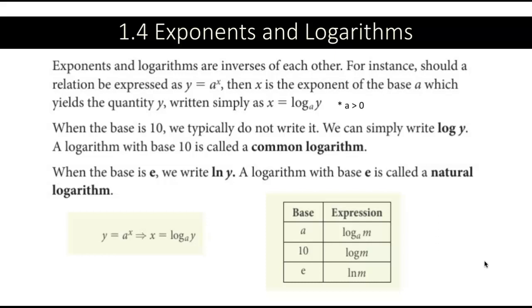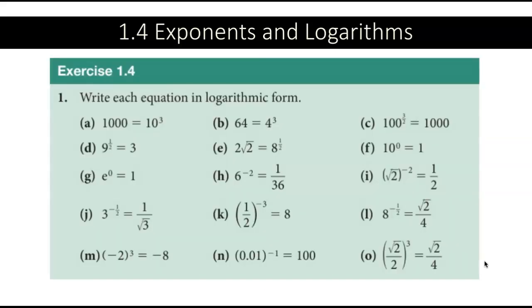The exercises that you have to do basically require you to go back and forth between exponential form and logarithmic form. So in question number 1, for example, we have 1,000 equals 10 to the third power. This is written in exponential form because I see an exponent. So the number is 10, the power is 3, the answer is 1,000.